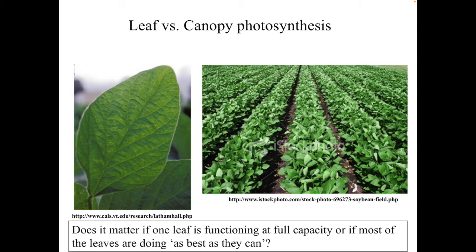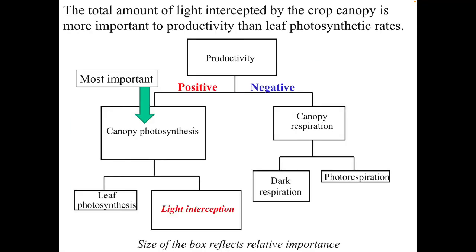What we're looking at here is, is it really important that one individual leaf photosynthesize at its maximum capacity, or that we get as many leaves as possible photosynthesizing as best as they possibly can? And that's actually what we're going to be trying to do. So the size of the boxes here relates to how important they are toward productivity. These things over here on the right are all things that detract from plant growth, all of the other processes that are not involved in making sugars, basically.